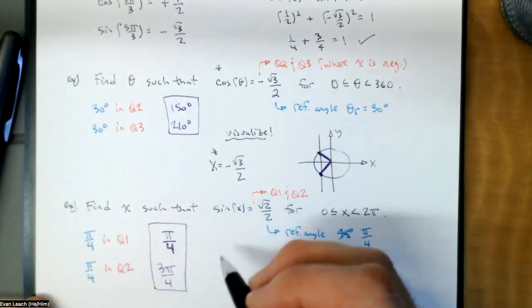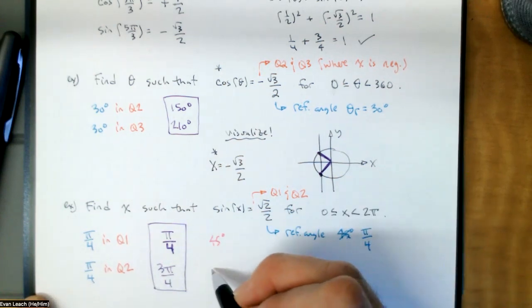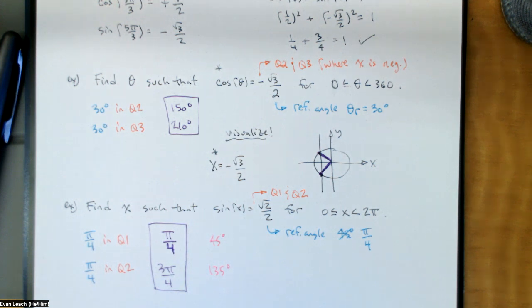If we think in degrees, 45 in quadrant 1 is 45, and 45 in quadrant 2 is 135. And the 135 is 3 times 45. Over 4 goes to 45, over 3 goes to 60, over 6 goes to 30.